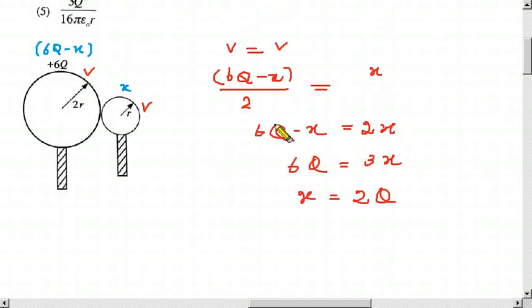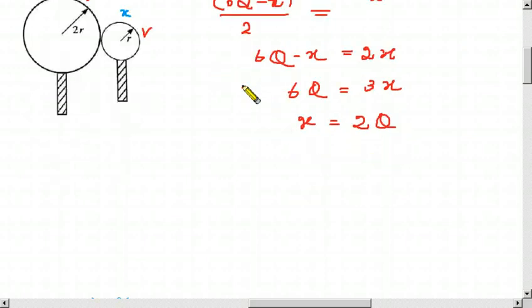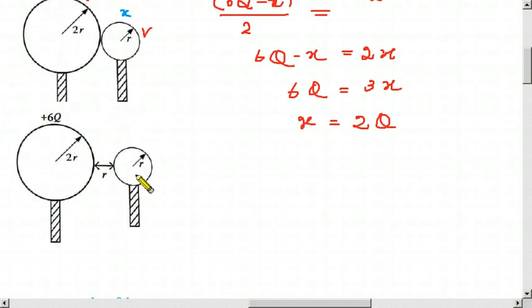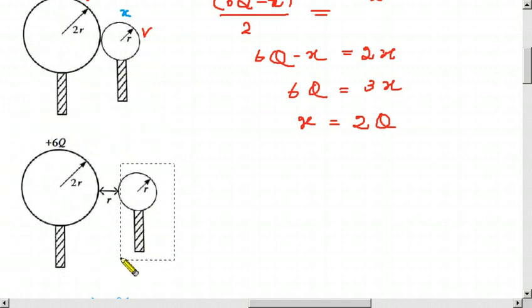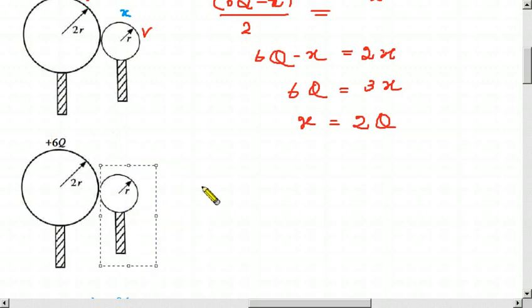So now we know the relationship, and we can write it here. Instead of this x, now we write 2q positive. Previously this one had 6q, now 2q came to the smaller one.